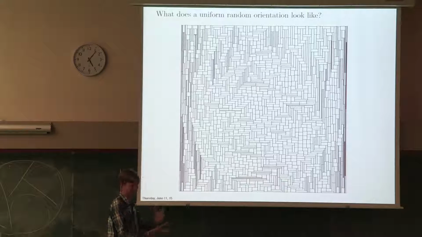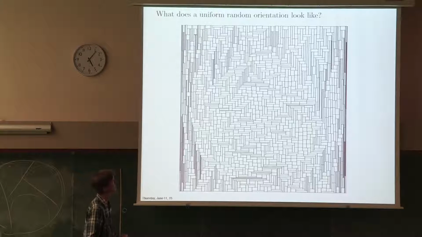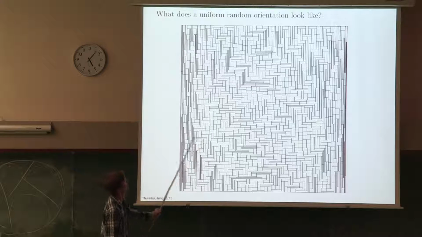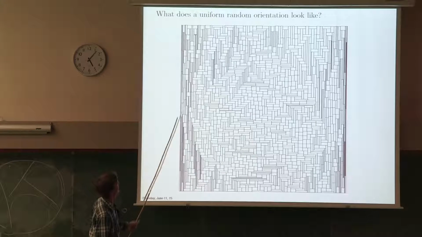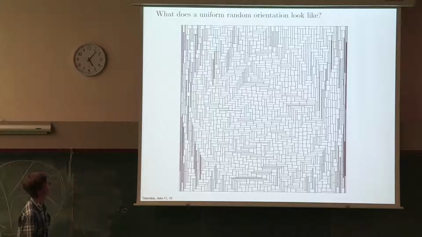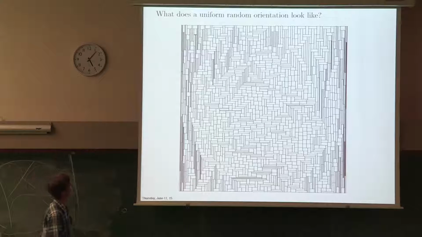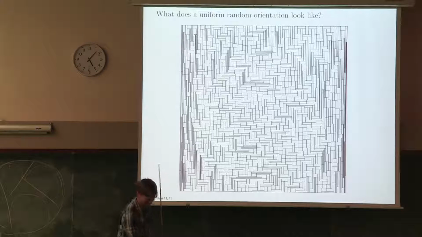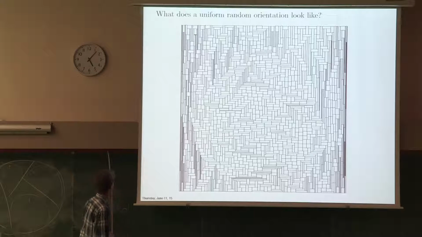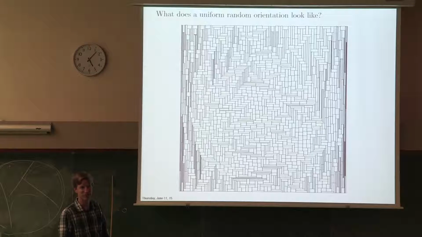That's part of why counting is NP-complete, NP-hard. But I did my best. I ran my Monte Carlo simulator for a long time, and this is a random sample, roughly, of this thing. Unfortunately, I don't have any theorems here. I just have a picture or two. But I think it calls out for some interesting interpretation.